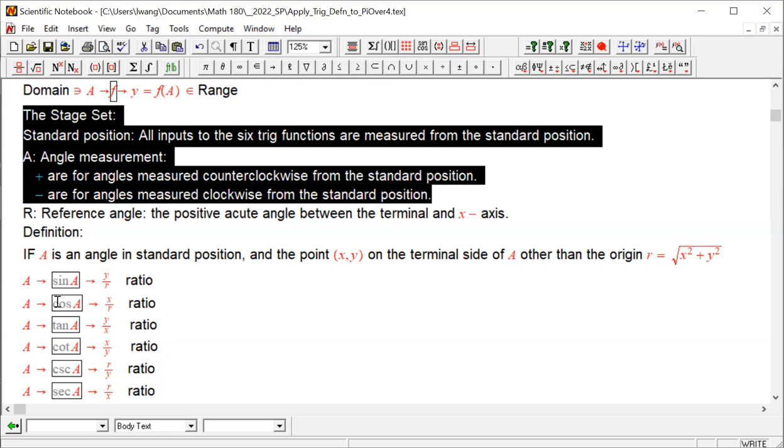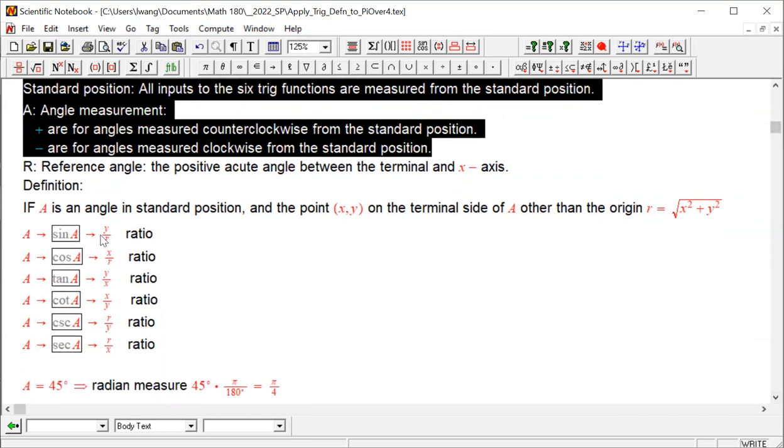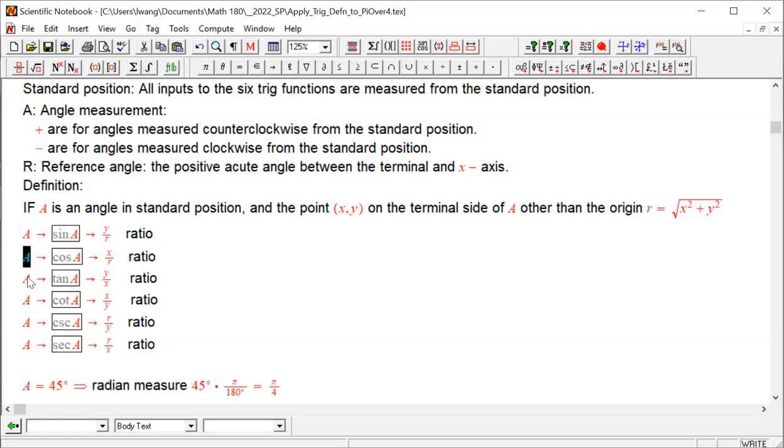It can be degrees, it can be radians, and the output, we have 6 different outputs for the different functions because the rules are different, but they're all ratios. Inputs are angles, the outputs are ratios. So in this episode and the previous one, the next one will be stressing the type of input and the type of output we expect.